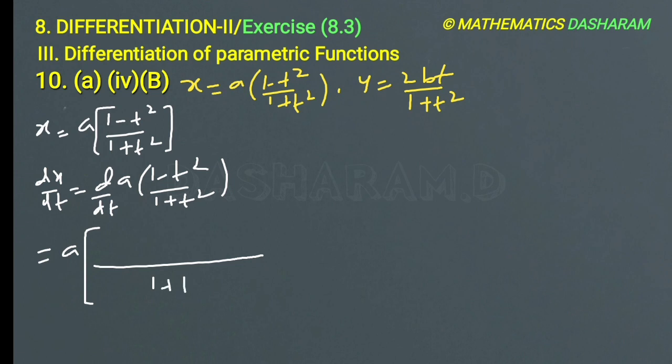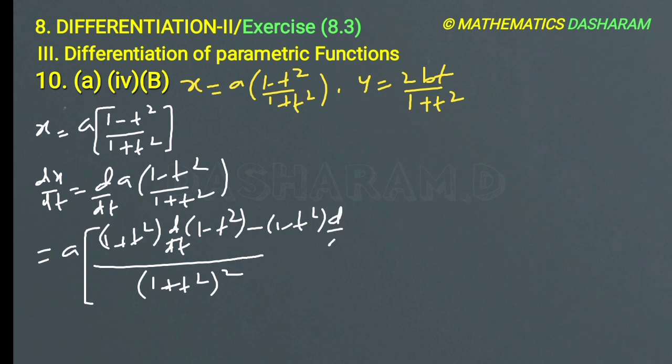So that is, first denominator is v square, so (1 plus t square) whole square. Here (1 plus t square) into derivative of (1 minus t square), next to (1 minus t square) into derivative of (1 plus t square).